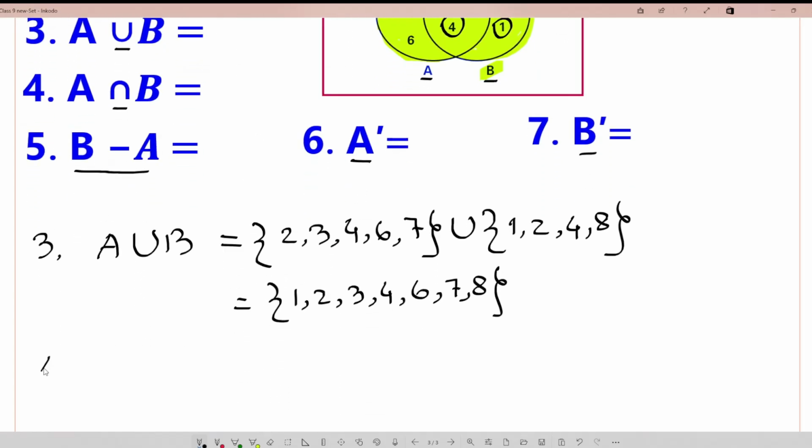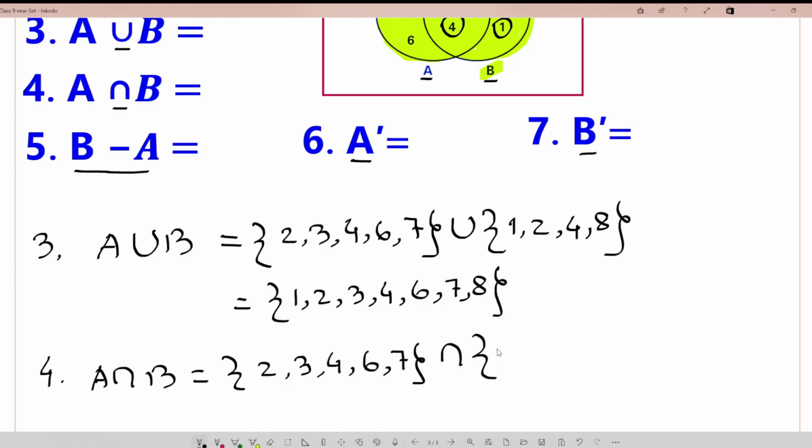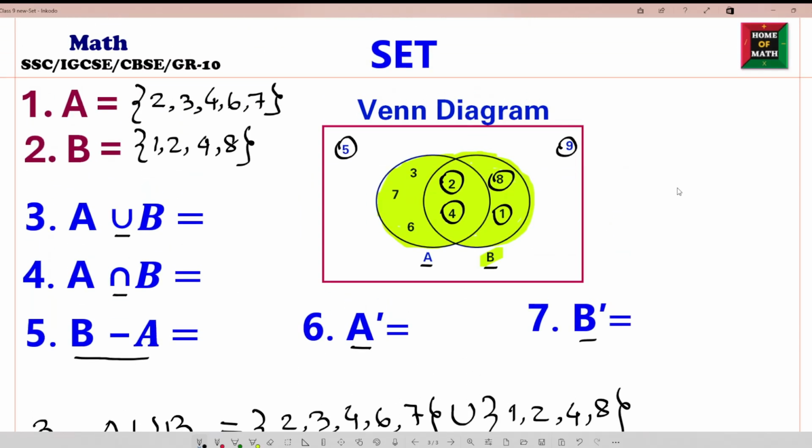Now number 4, which is A intersection B. A means 2, 3, 4, 6, 7. Intersection B means 1, 2, 4, 8. Now carefully look.